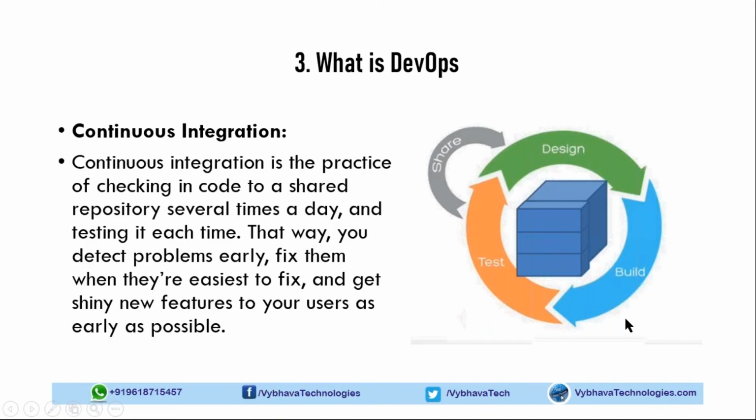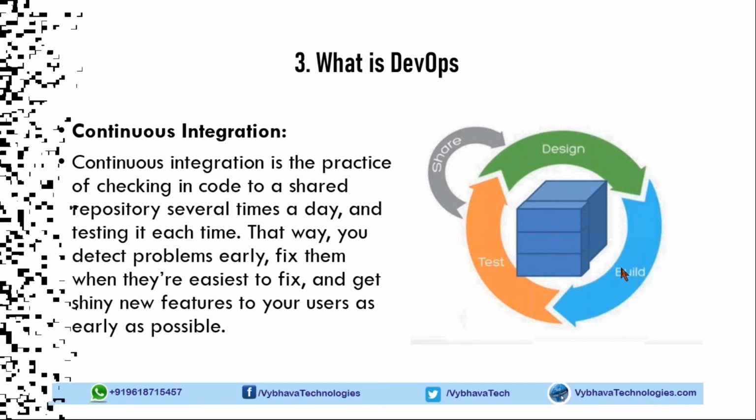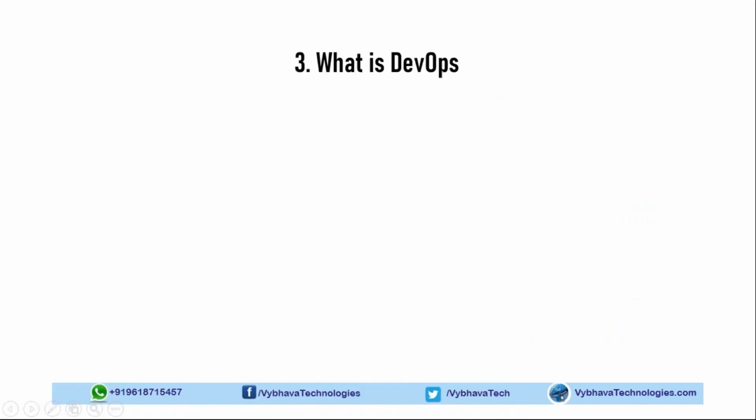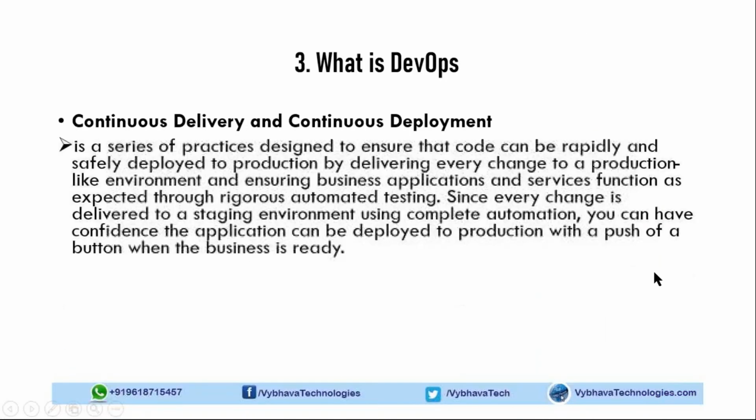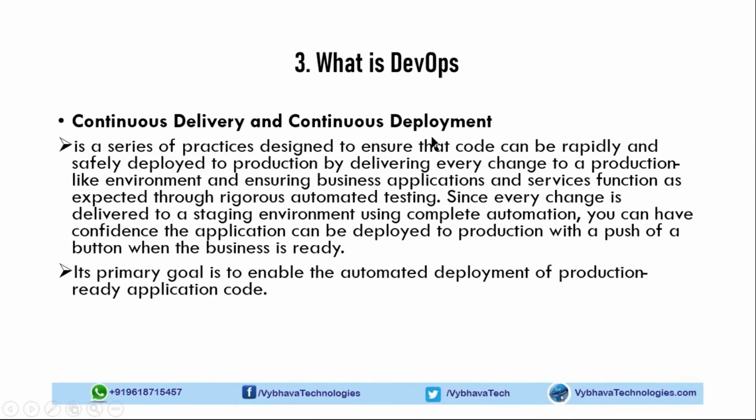And this continuous integration process helps test all types of changes. Whatever code is changed, those changes will be tested. Once continuous testing is done, the next step is delivery to your live environment or production system.